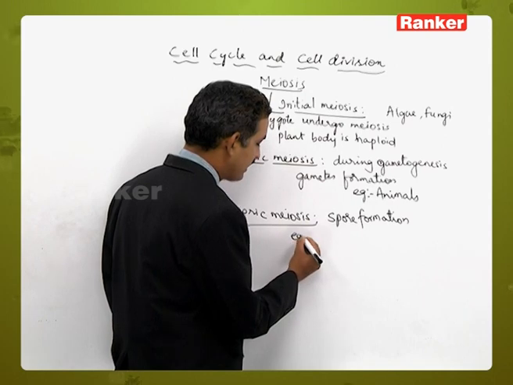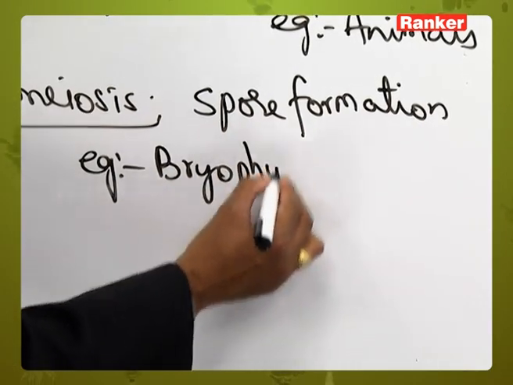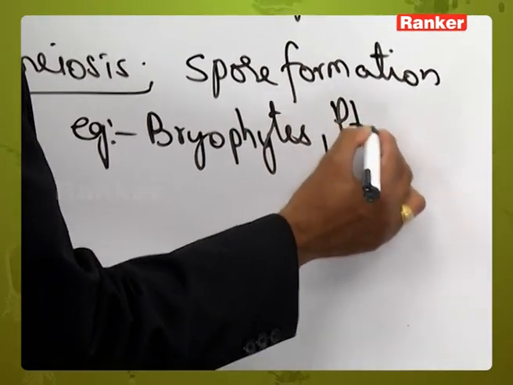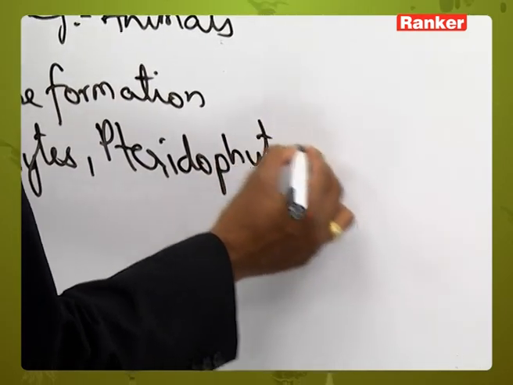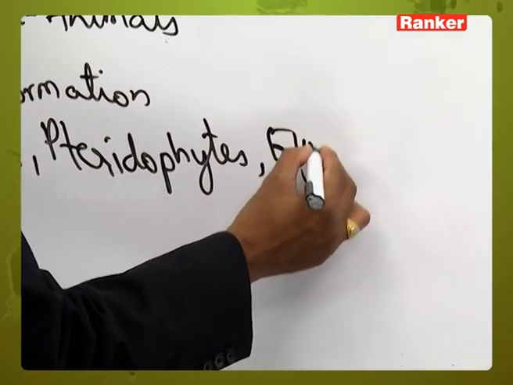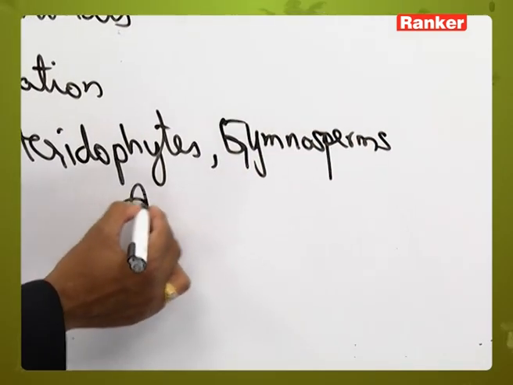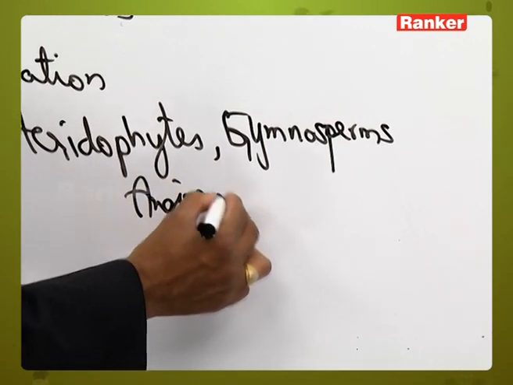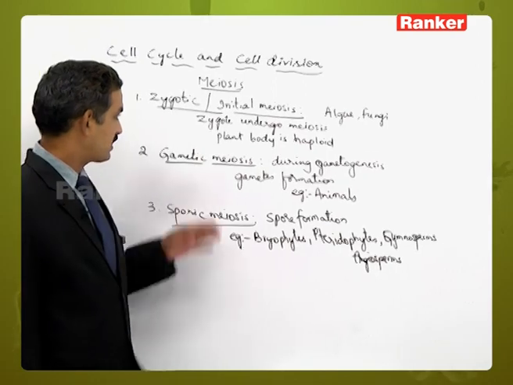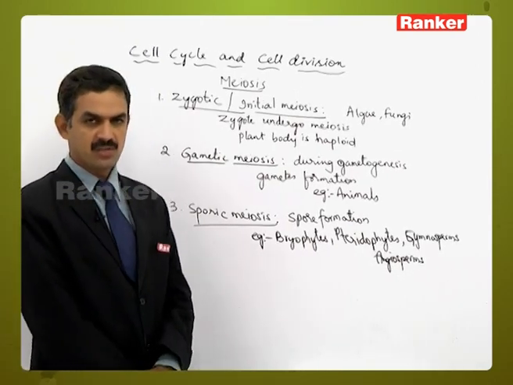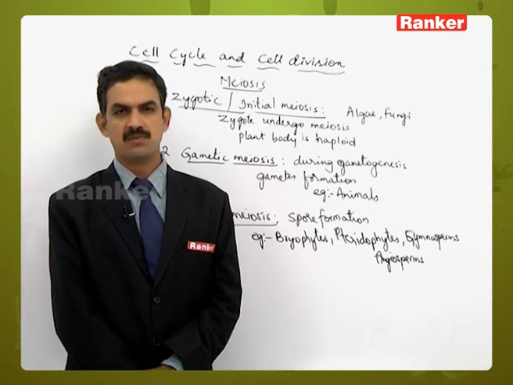This will be observed in higher plants like some bryophytes, pteridophytes, gymnosperms, and angiosperms. Likewise, these three types of meiosis are present based on the stage at which meiosis is taking place in the life cycle of the organisms.